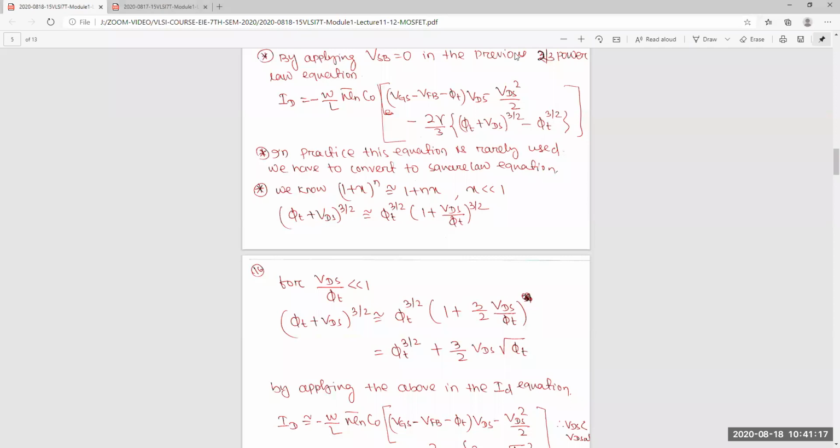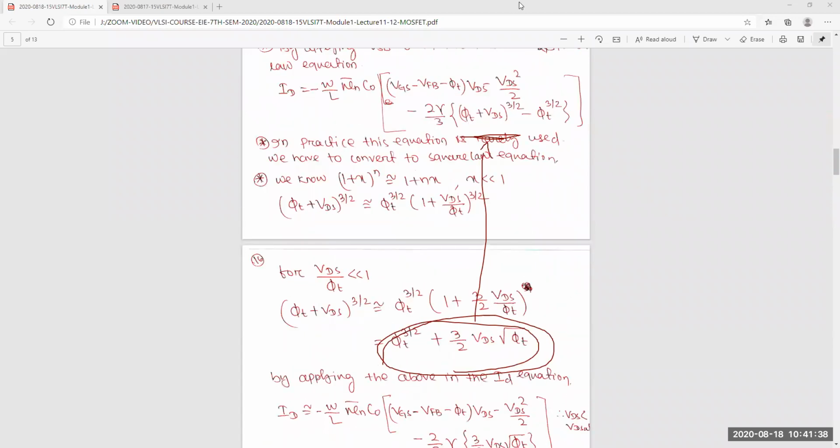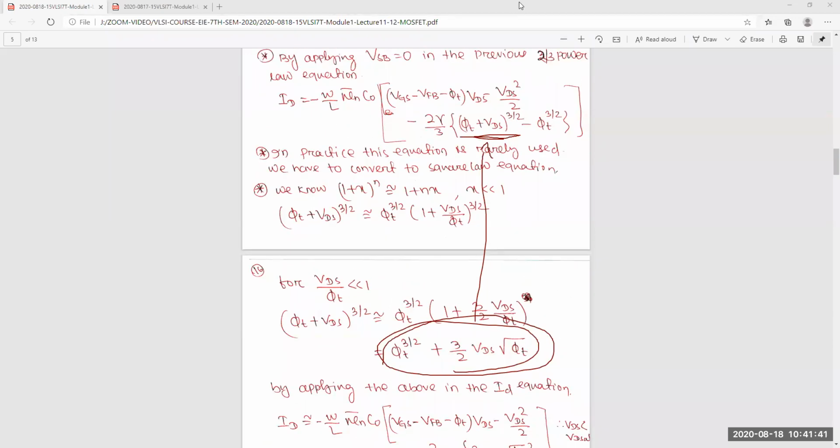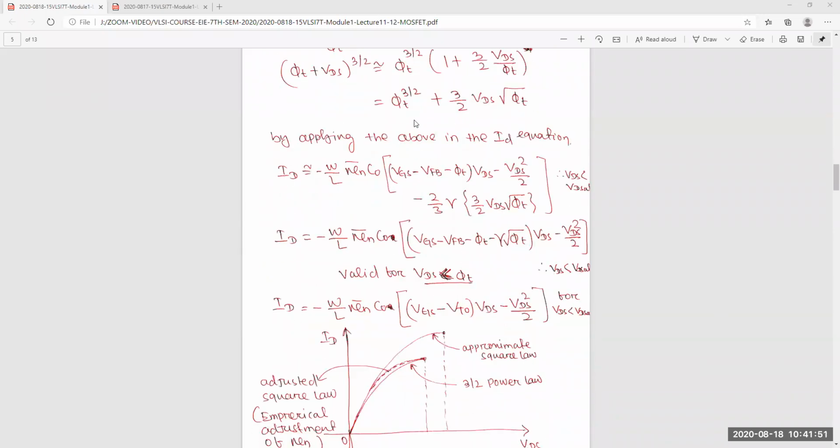Then finally, if you apply this in that equation, we will get this type of equation.